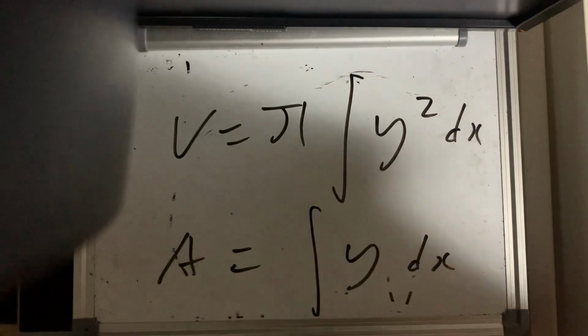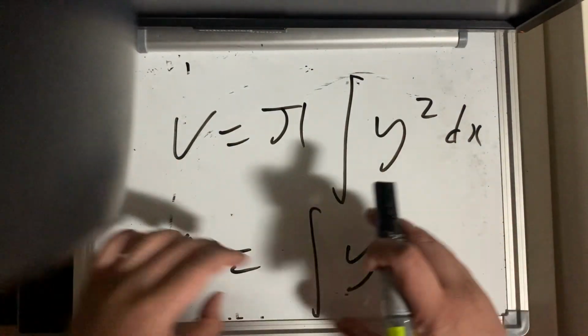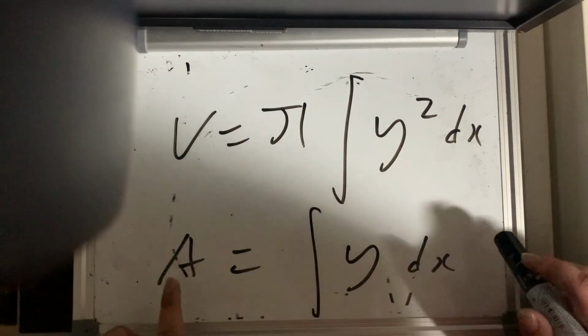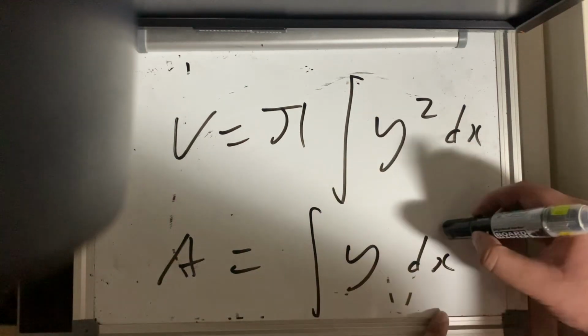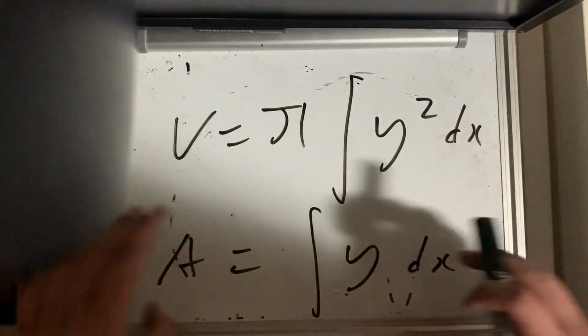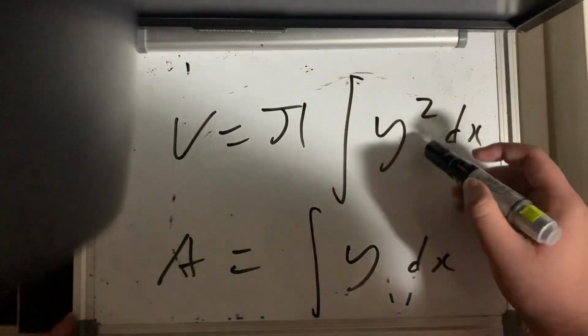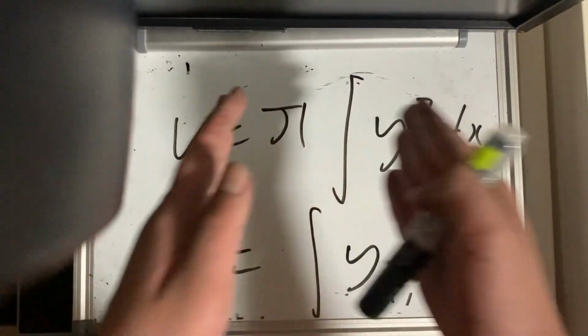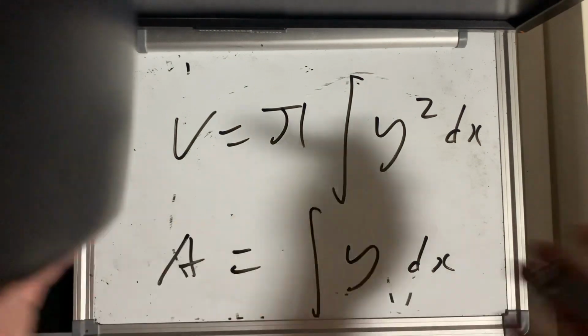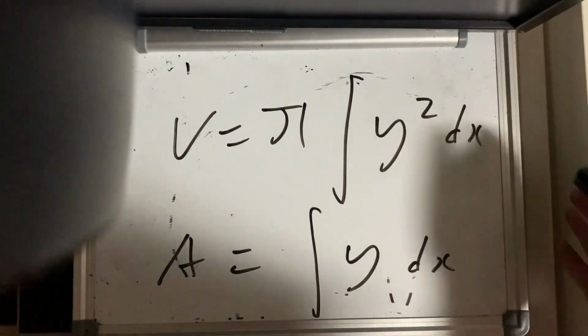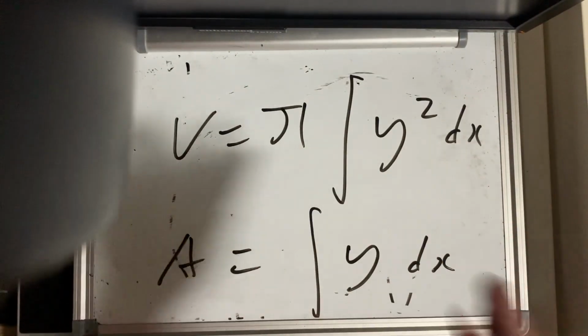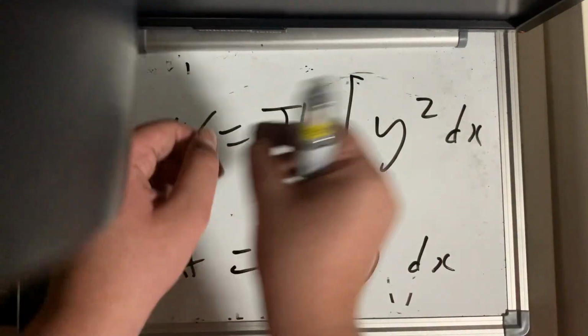It's kind of like finding the area of a rectangle. This one is kind of like finding the volume of a cylinder, right? Which makes sense. You're adding up a bunch of cylinders, and in the other you're adding up a bunch of rectangles. So integration is really just multiplication, but tiny things added up together.